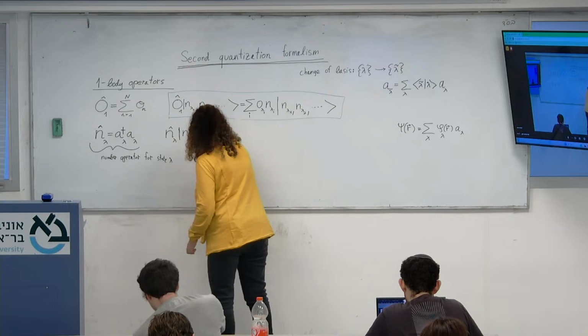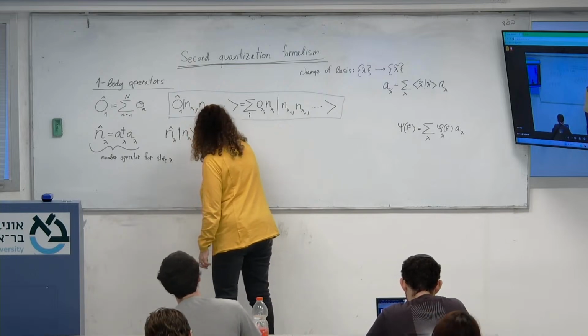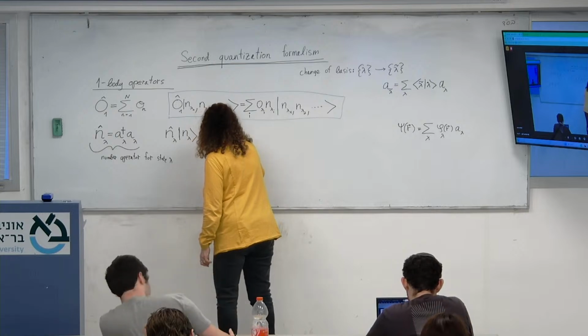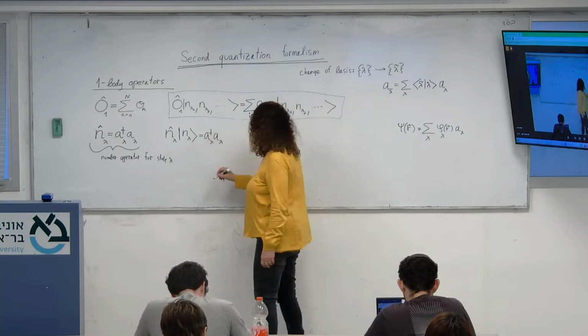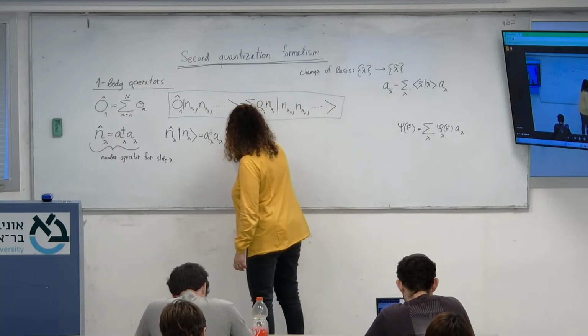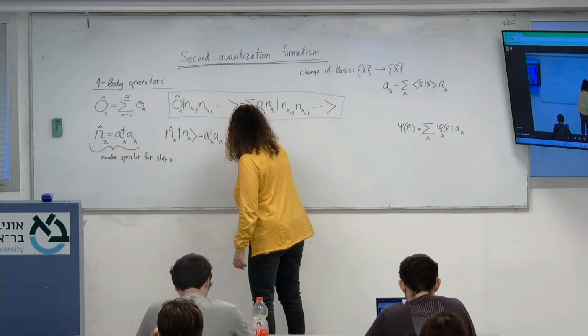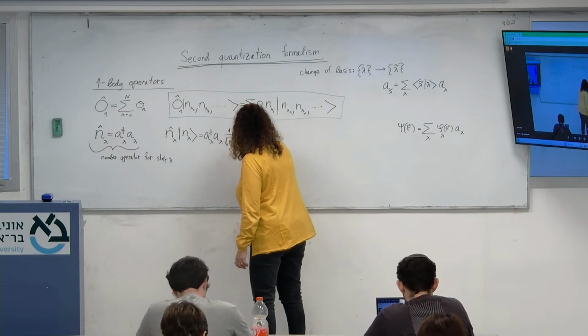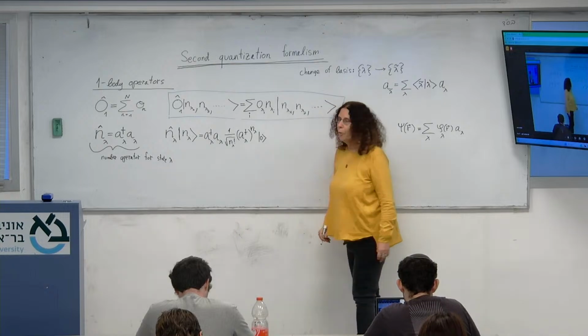Let me write it explicitly: a lambda dagger a lambda acting on the state n. What is the state n? We saw already that up to a normalization factor, we can write it as a lambda dagger to the power n lambda acting on the vacuum.